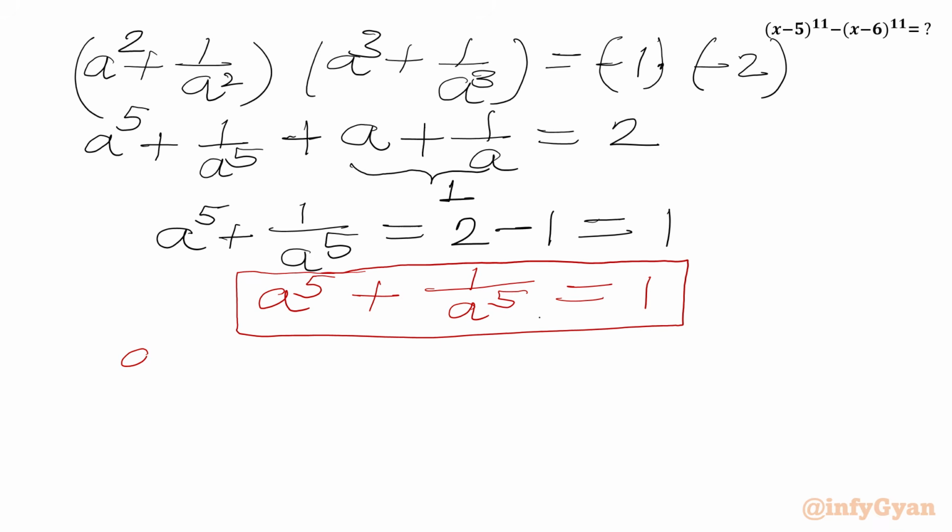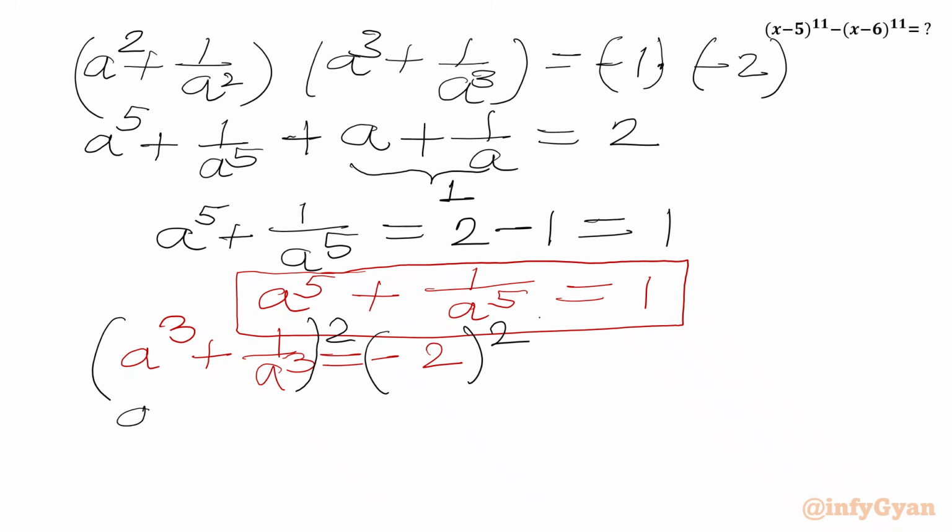Now we know that A cube plus 1 over A cube equal to negative 2. We are going to consider squaring both sides so that we will get A power 6 plus 1 over A power 6. We are going to write A power 6 plus 1 over A power 6 plus 2 equal to 4.